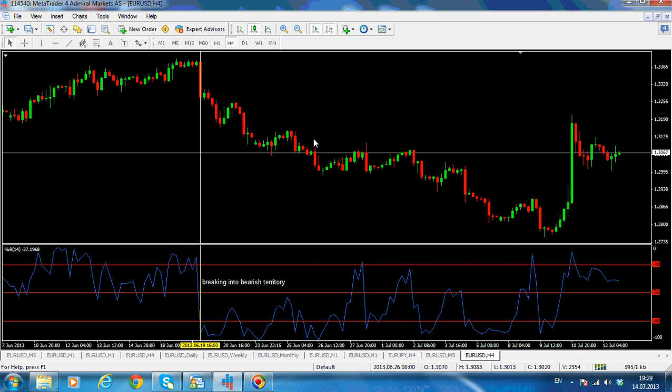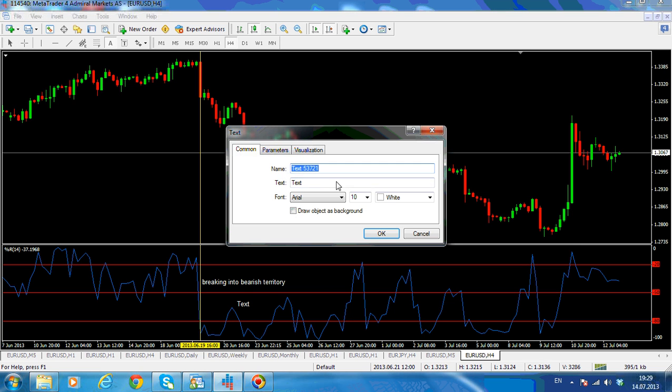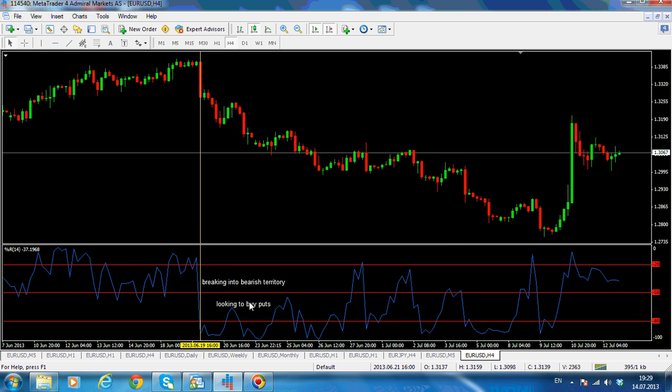so we are looking to buy puts, because here we are only looking to buy puts, including here. Why?